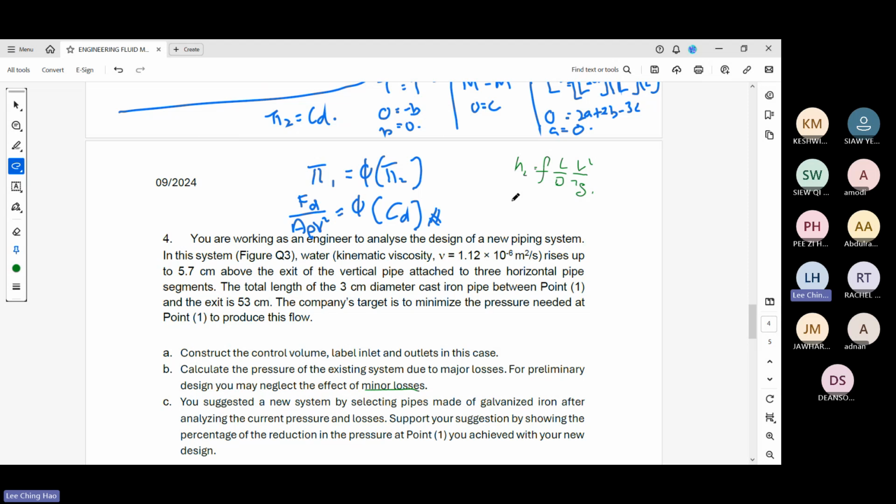For minor loss, HL is K V square over 2g. So basically, for major loss you are required to find f, and for minor loss you are required to find K. That is the most important case.